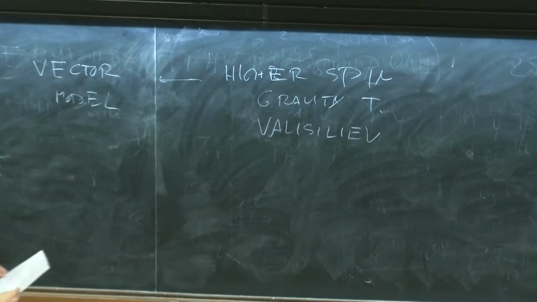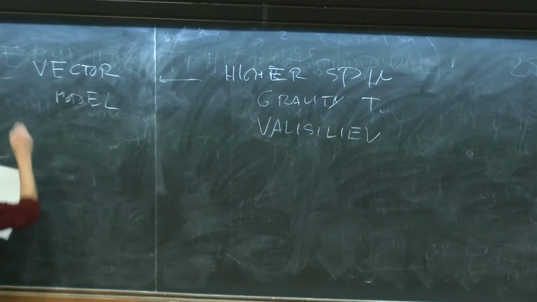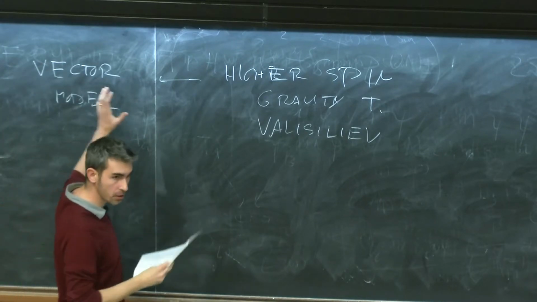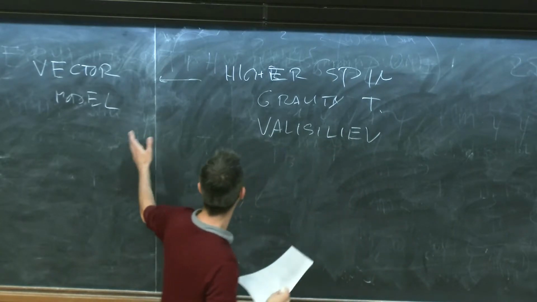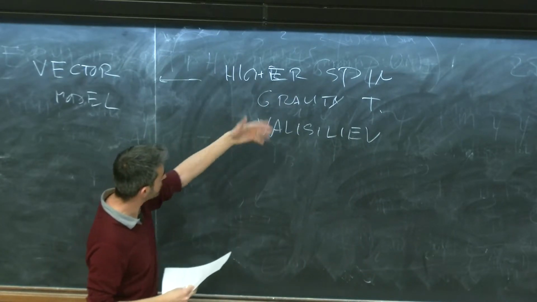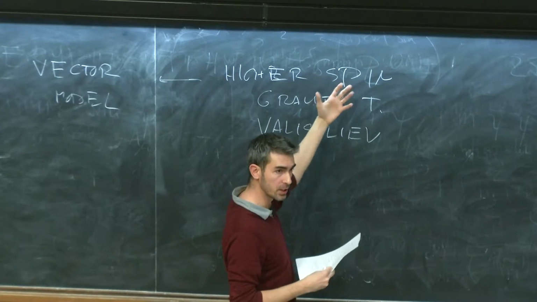The motivation was that, if you take large N, in these vector models at the leading order you have higher spin currents, which are conserved. And so they should be dual to a theory in which in the bulk you have gauge fields of all the spins.